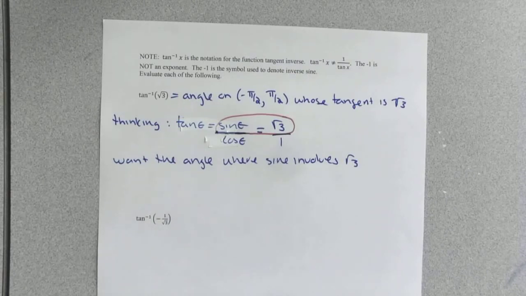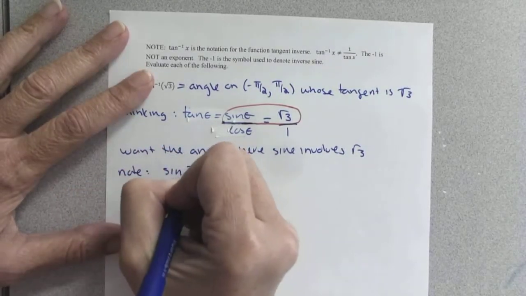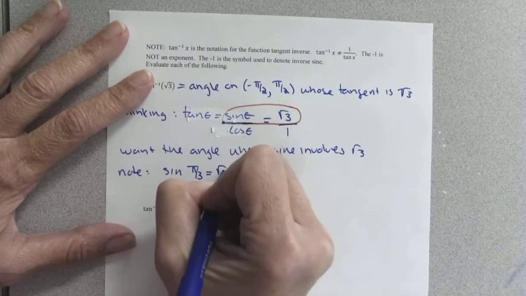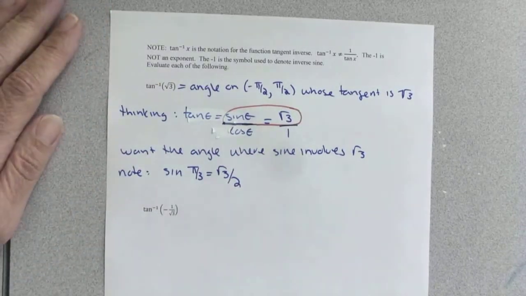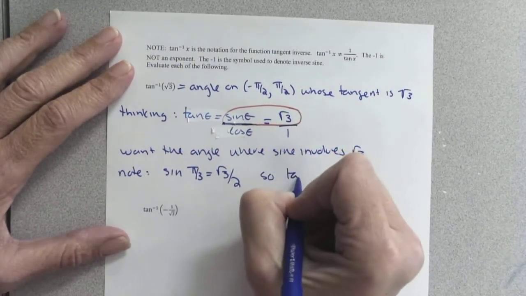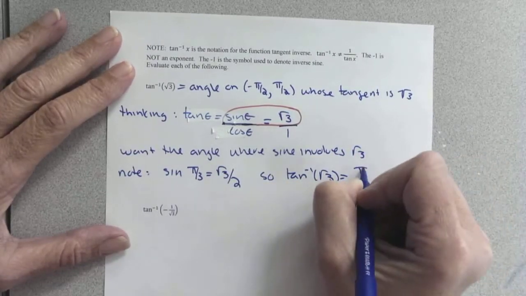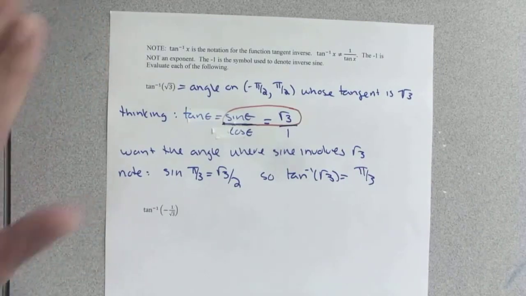But just matching up the numerator, I want the sine to involve square root of 3. And so we can note that sine of pi over 3, just like we did on the previous one, is square root of 3 over 2. And so tan inverse of square root of 3 is pi over 3.